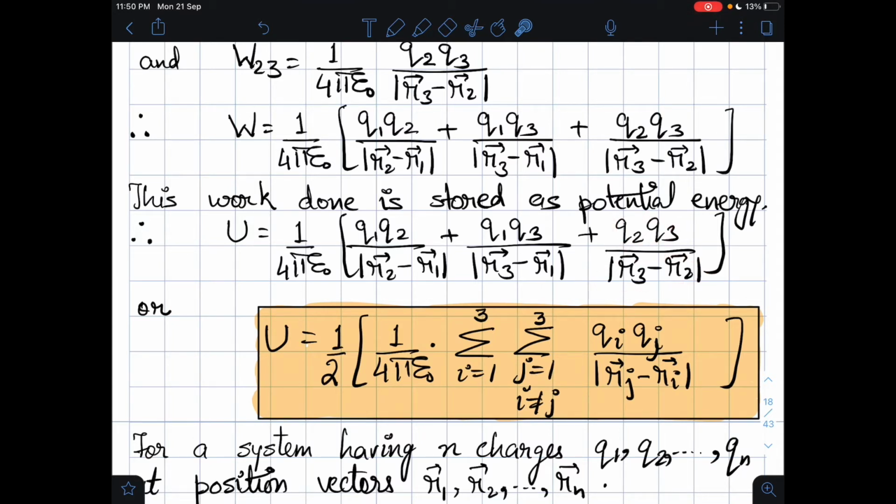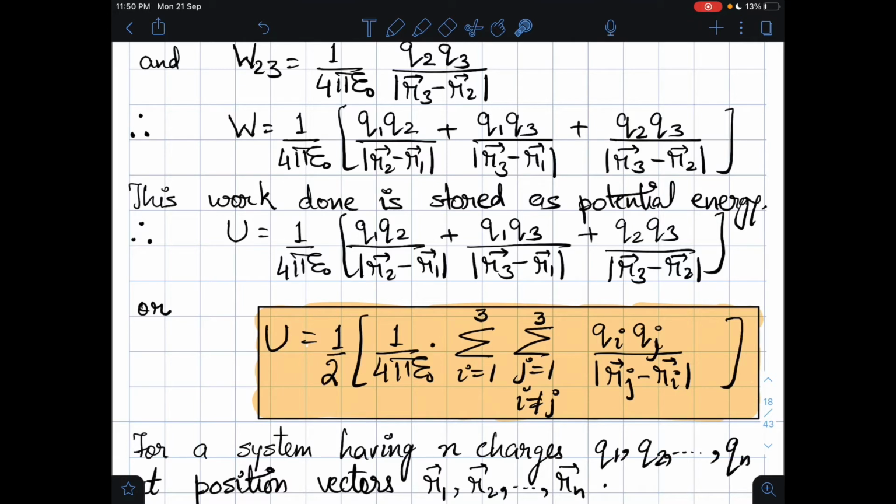Now if I have to convert it into a summation, there is a problem. The problem is that here we have q1, here we have q1, but here there is no q1. Here we have q2, here we have q2, but here there is no q2, and here there is q3, here there is q3, but here there is no q3.